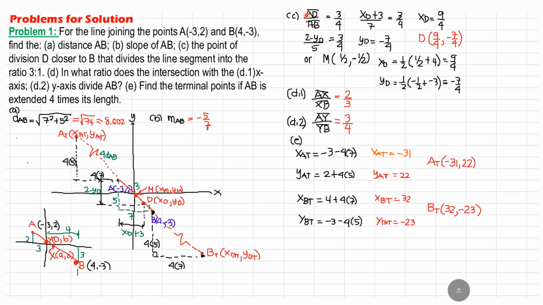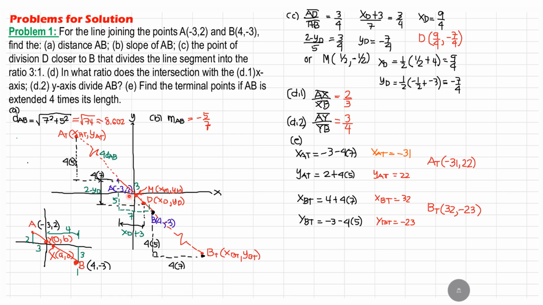Now, the ratio of the length of line segment AD to the length of line segment AB is also the ratio of their corresponding horizontal and vertical projections. So this horizontal distance between A and D, to make it positive, is right x, which is xD, minus left x, which is negative 3.